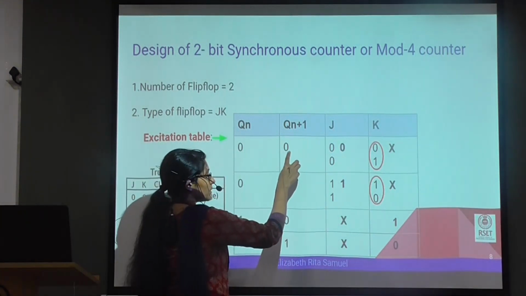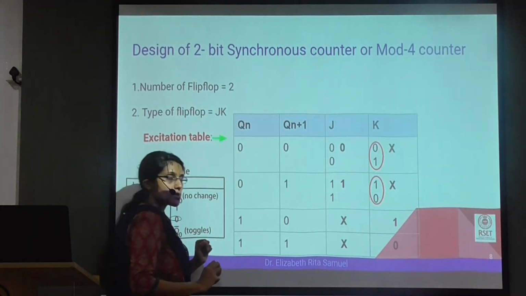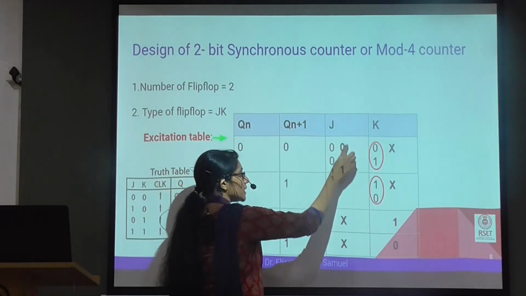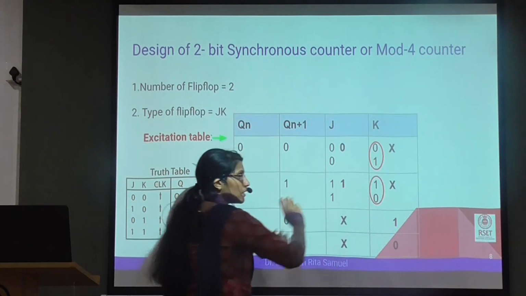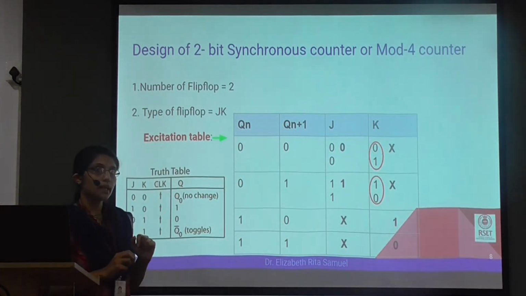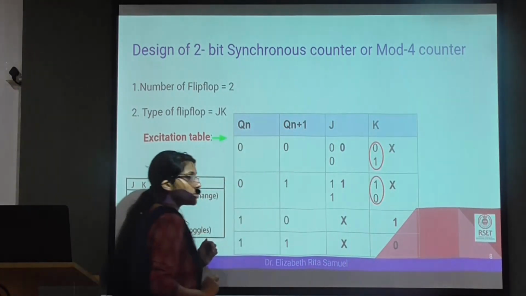So we can obtain the next value as 0 when J is 0 and K is 1. From this we can see that our J must be 0 and our K can be either 0 or 1, which means we don't care what the value of K is. That is why we put it as a don't care.